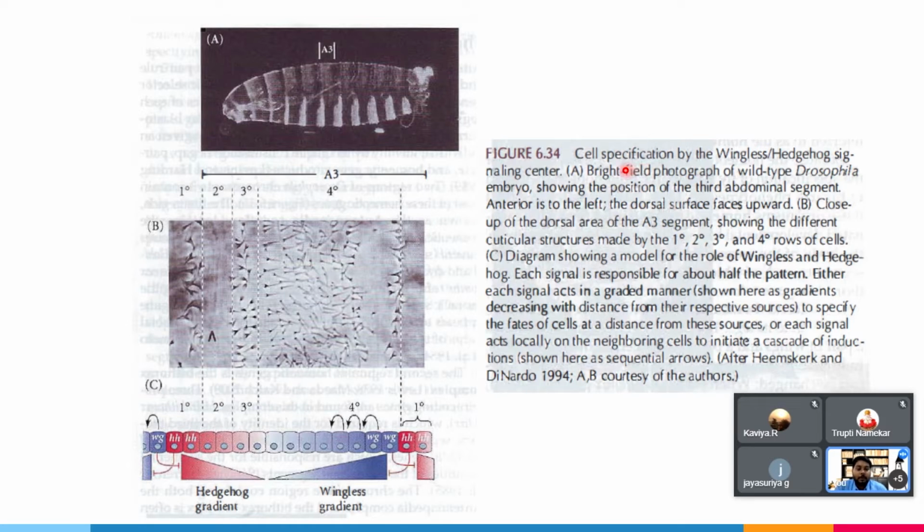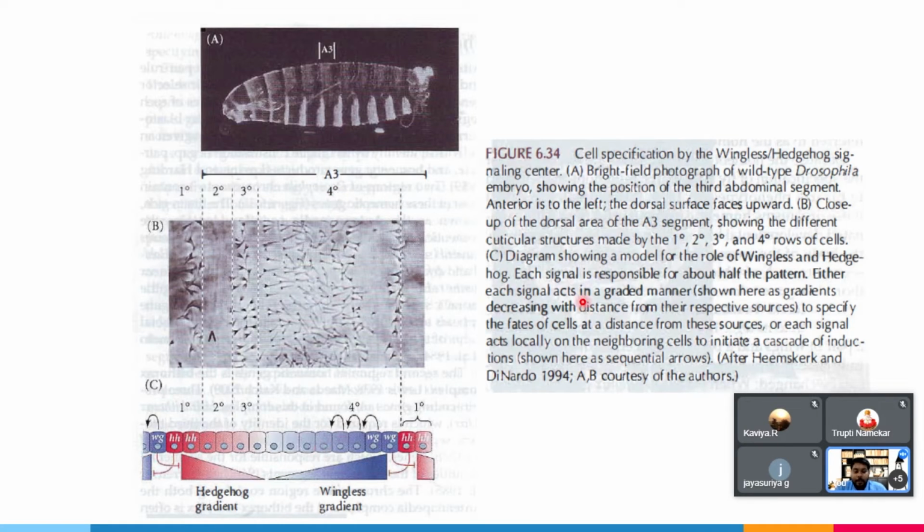Here we have the figure legend: cell specification of wingless hedgehog signaling center. The first is a bright field image of the wild type Drosophila embryo, and second we have a blow up of the A3 section, so that we can look at the cuticular structure, and we can see that there are four different natures of cuticular structures being formed.